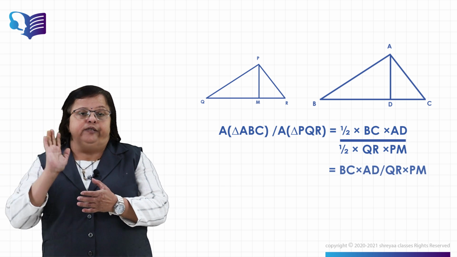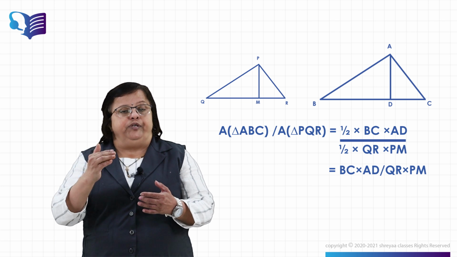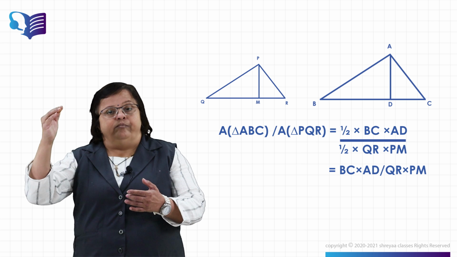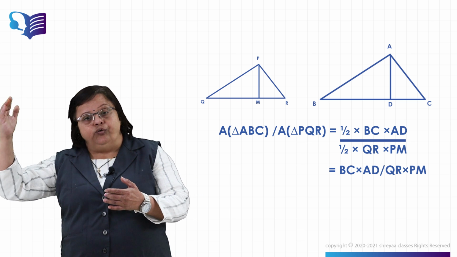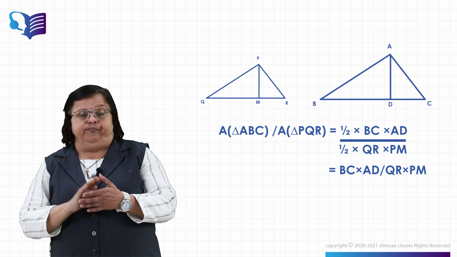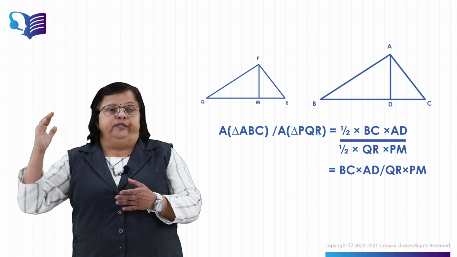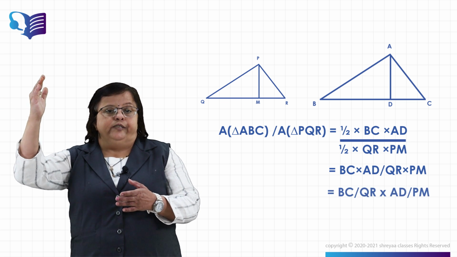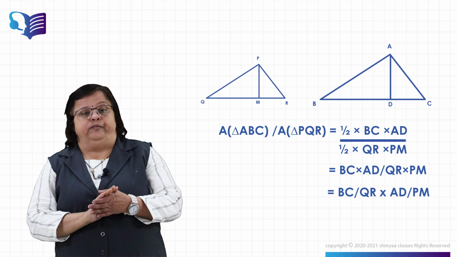That half gets cancelled. So area triangle ABC upon area triangle PQR is equal to BC into AD upon QR into PM. So if you see on the right hand side, we can write it as BC upon QR into AD upon PM.